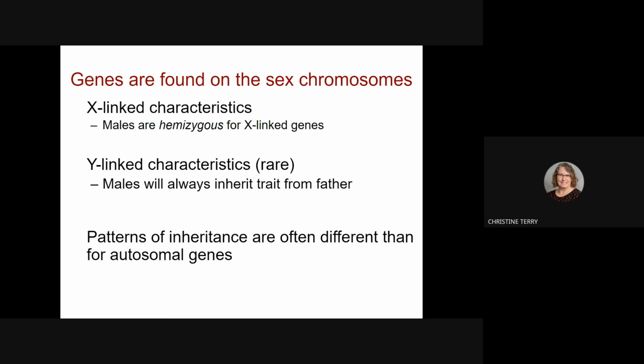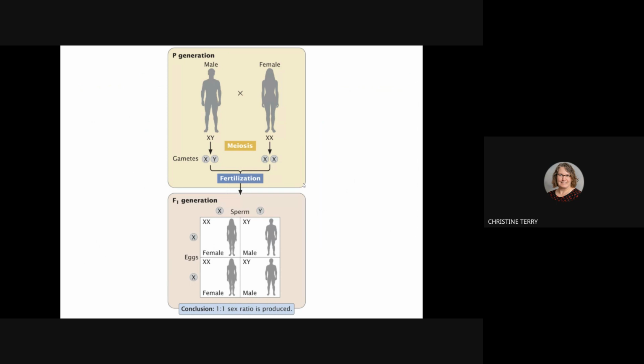There are not as many Y-linked traits, and that's because the Y chromosome is small and doesn't have a lot of genes. But what you see is that if there's a Y-linked characteristic, sons will always inherit that from their father, right? All of his sons are going to get that Y-linked trait because he's only got a Y chromosome, and he passes it on to all his sons.